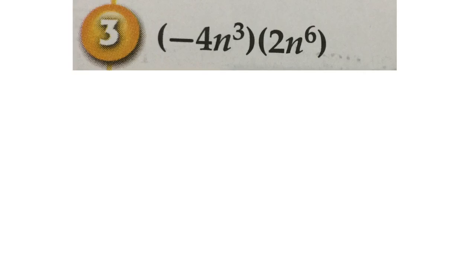So we're going to multiply them. Now, this third power, it only goes with the n. This is not negative 4 to the third power. Only the n is raised to the third power. And the same thing here. Only the n is raised to the 6th power. It does not go with the 2.